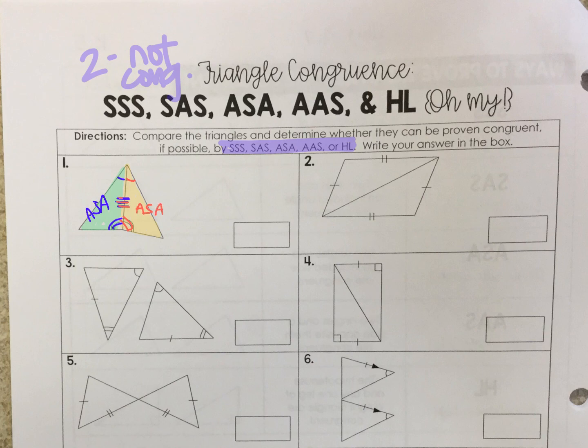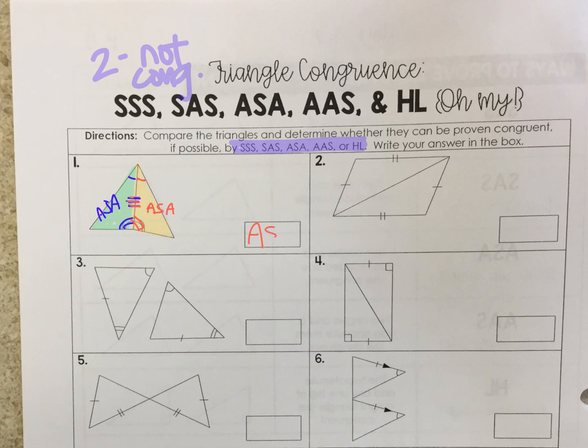Well, those are the same, so I know that those 2 triangles can be proven congruent by angle, side, angle. All right, I want you to go through and do all of these, mark them up, and then just write what they are. I'm going to help you out with the couple that are parallel, because parallel is tricky.